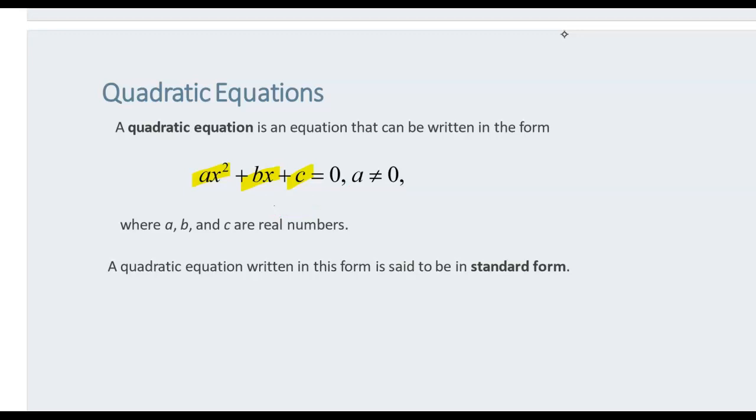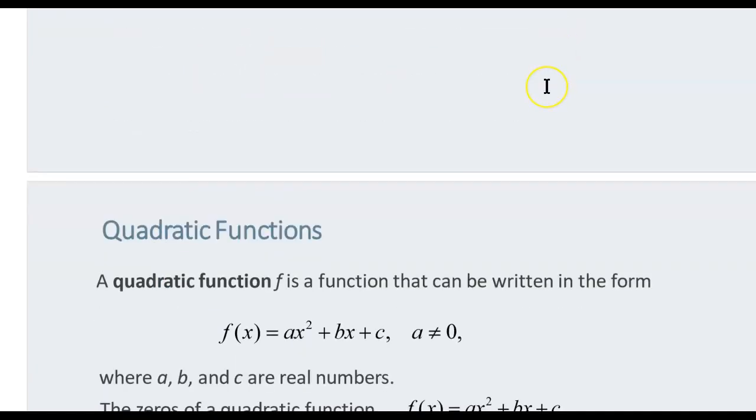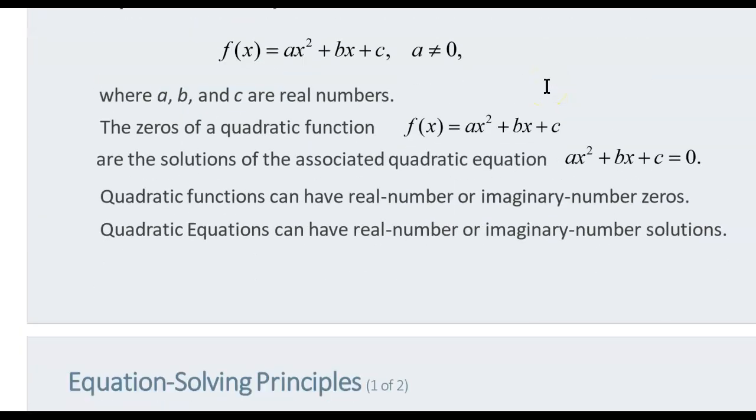The coefficients a, b, and c are all real numbers, and when our equation is written this way, we say that it's in standard form. If we use the special function notation f of x, we call this a quadratic function.